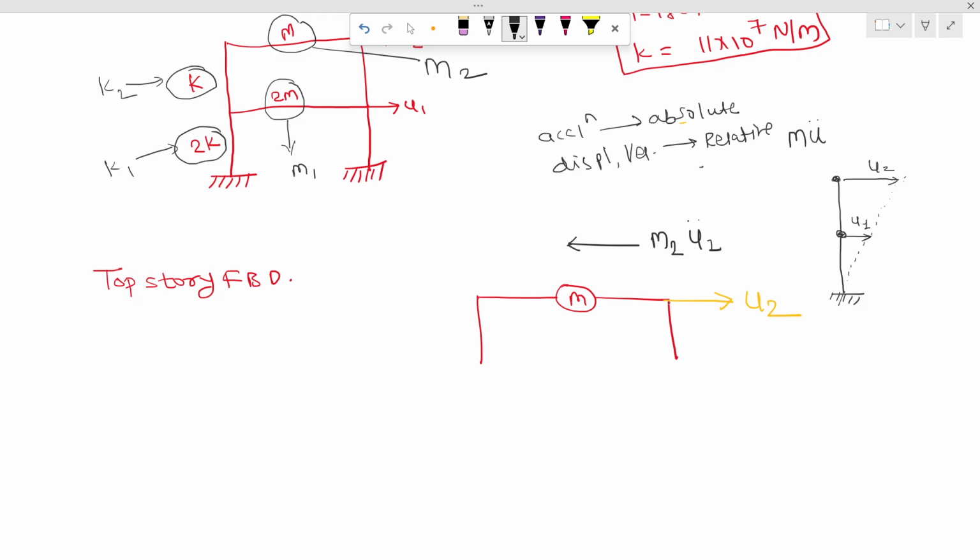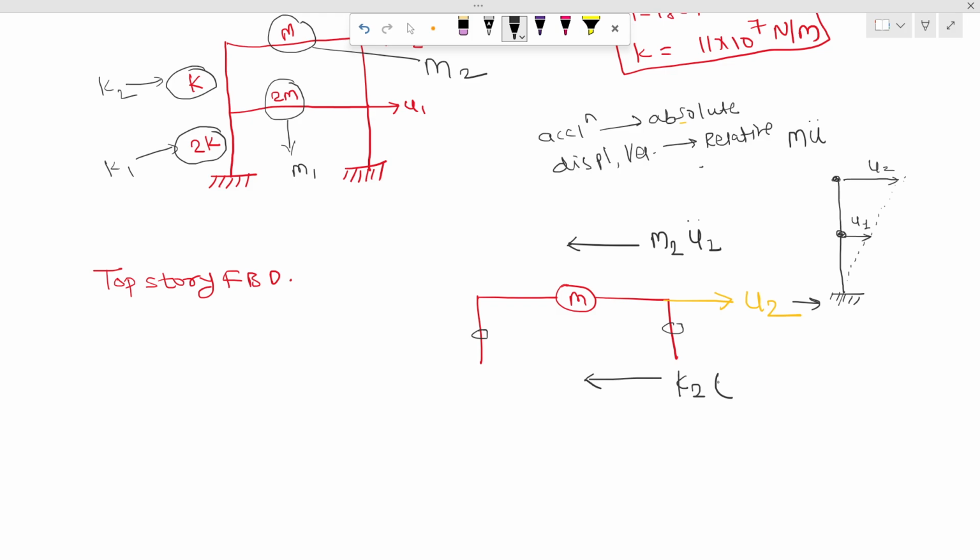Now, as our structure is moving to the right side here, U2, the stiffness will try to bring back the structure. That's why I will show the direction left side. Okay, stiffness of this floor we have written as K2.